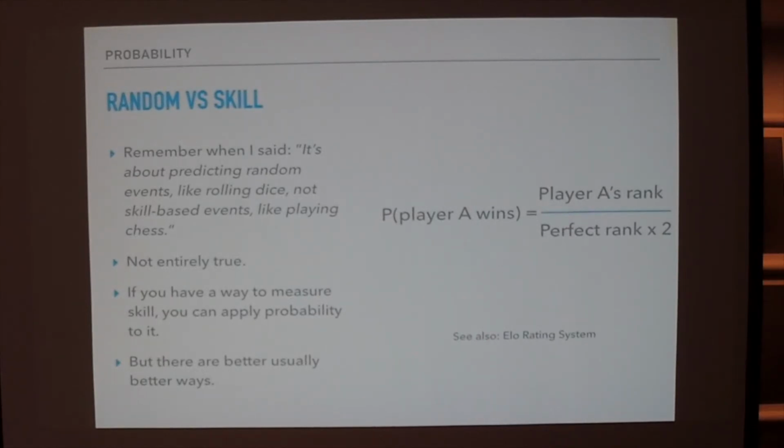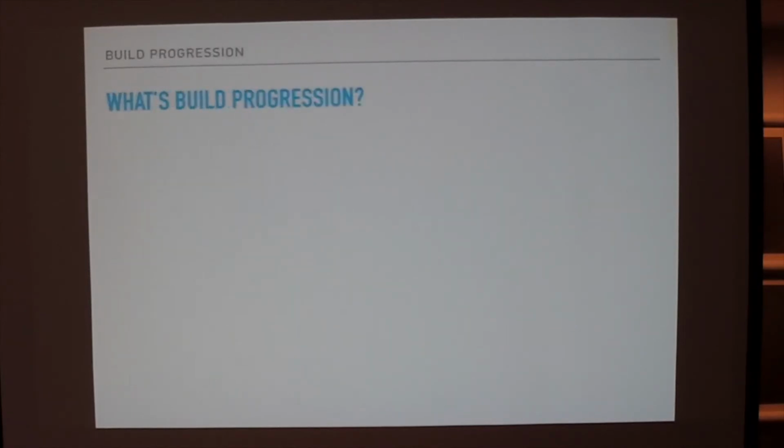There's a complicated formula that they've used to determine the likely outcome. And using that formula, it is far more accurate than probability to determine the likelihood that one player will defeat another player in a chess game, right? And a chess game, again, it's pure skill. There are no random events that happen in chess. So moving on, unless there are questions about probability before we move on.